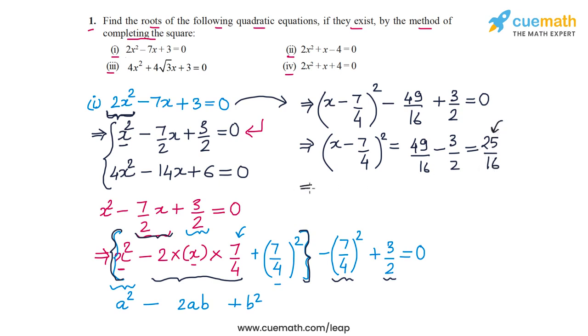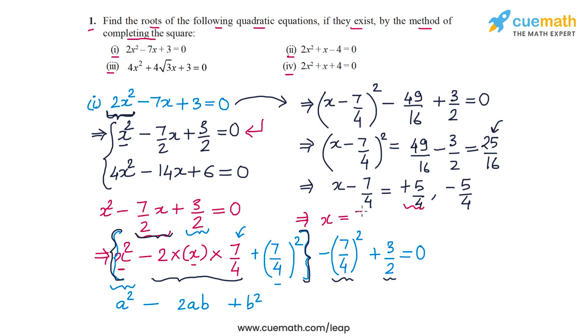If I take square roots on both sides now, I will get x minus 7 by 4 is equal to plus or minus, or actually let's write them separately, plus 5 by 4 and minus 5 by 4. Finally from here we can find the value of x. The one value of x will correspond to the plus 5 by 4.